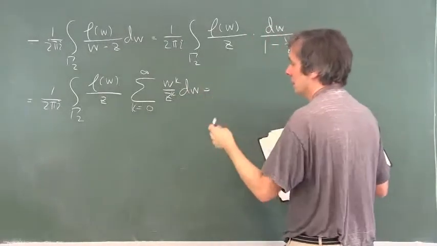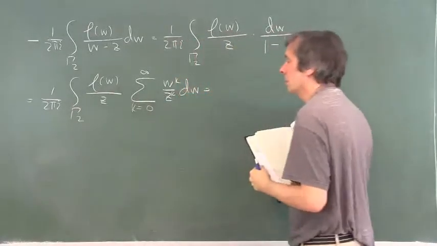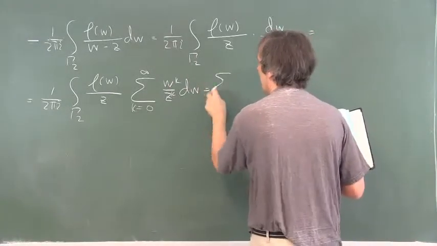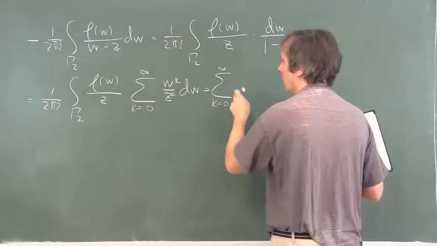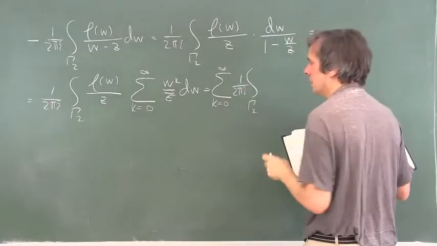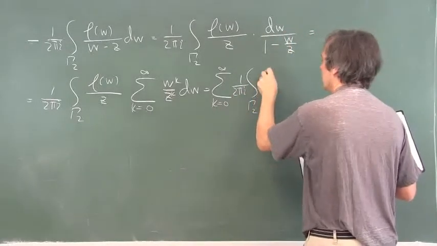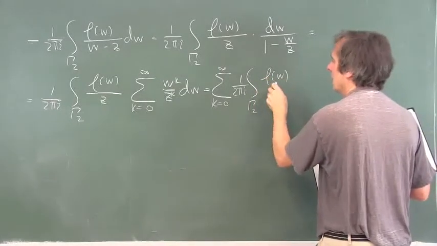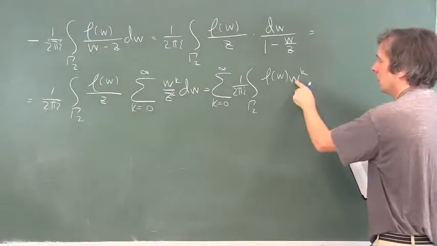And this can then be rewritten, again, if we interchange the order of summation and integration, as the sum k goes from 0 to infinity of 1 over 2 pi i times the integral over gamma 2 of f of w times w to the power k.